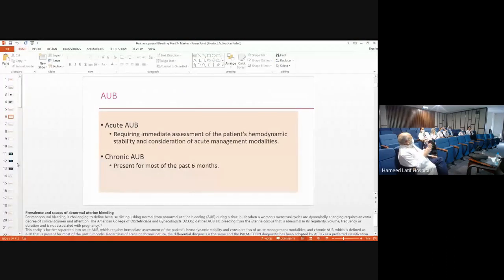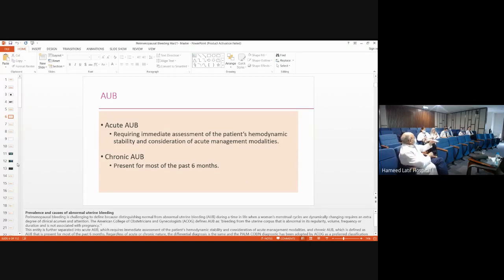Then if it is excessive, that you need to manage the patient's hemodynamic status, that is of course known. That's an acute episode of abnormal uterine bleeding. But if the patient presents with abnormal uterine bleeding for the last few months, then obviously you cannot necessarily say acute AUB.